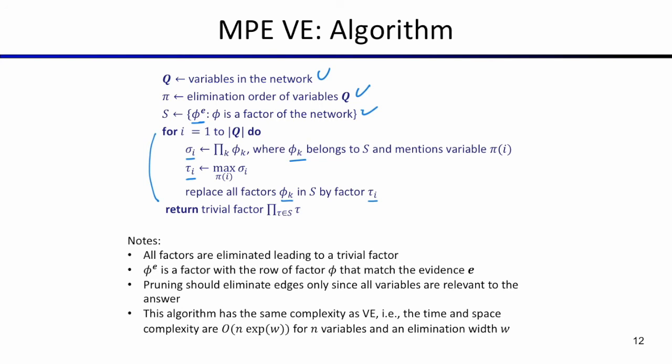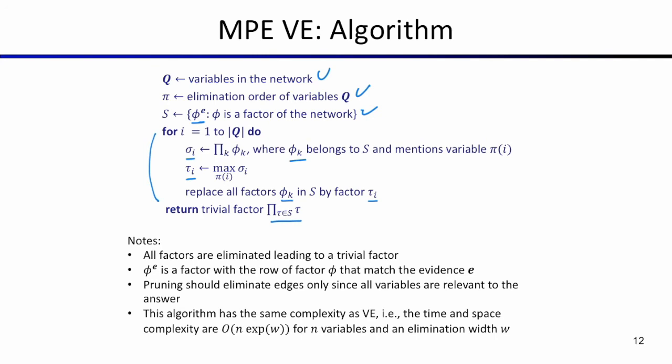We keep on doing that until we finish with all the variables in Q. At the end, as happened in the variable elimination process, we may have one or more factors in S, and they will all be trivial factors. We just multiply all of them together and return this to the user.